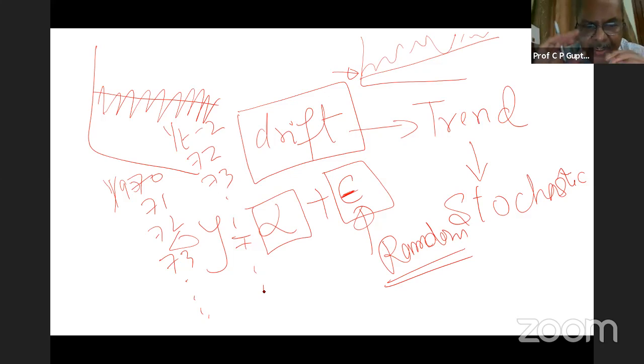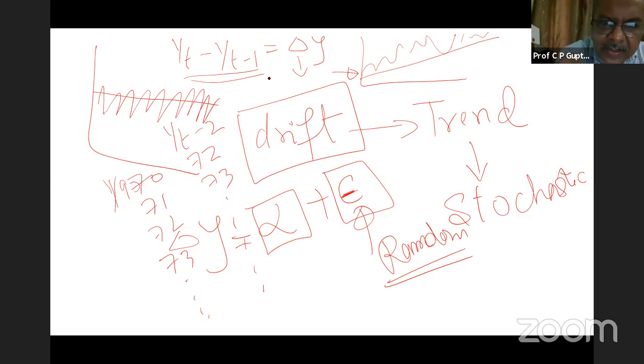I'm just adjusting up and down the time series. But when you take a difference, you take yt minus yt minus 1. That's delta y, and that's your difference. If you take again the difference of the delta y, that is the second difference. Okay, so I hope you are able to understand that.